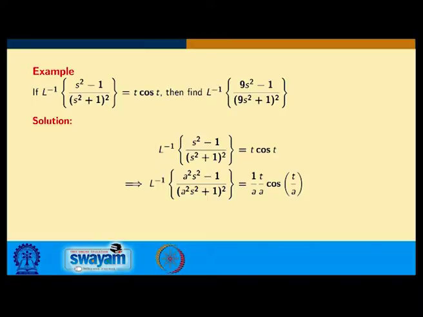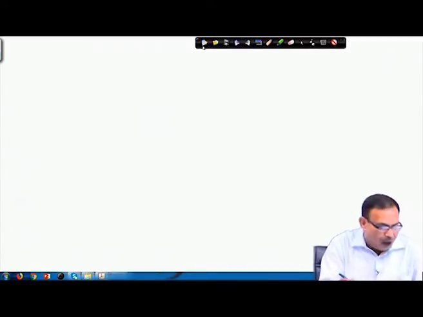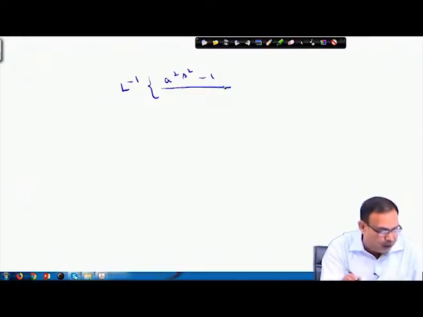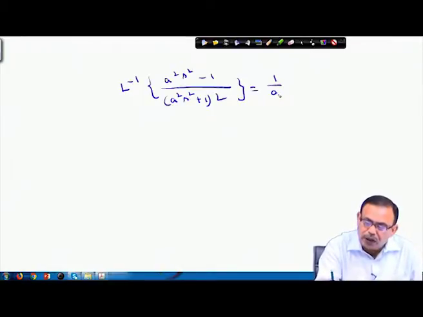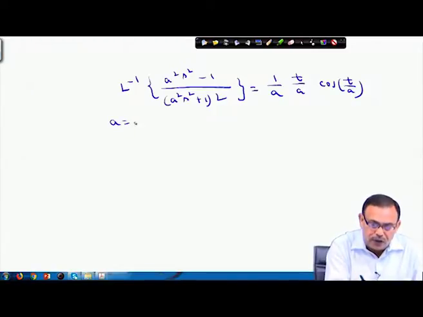So, therefore, on this example, whatever I got earlier, that is Laplace inverse of (s square minus 1) by (s square plus 1) whole square, this is equal to 1 by a into t by a cos of t by a. Now, put a equals 3 in this.